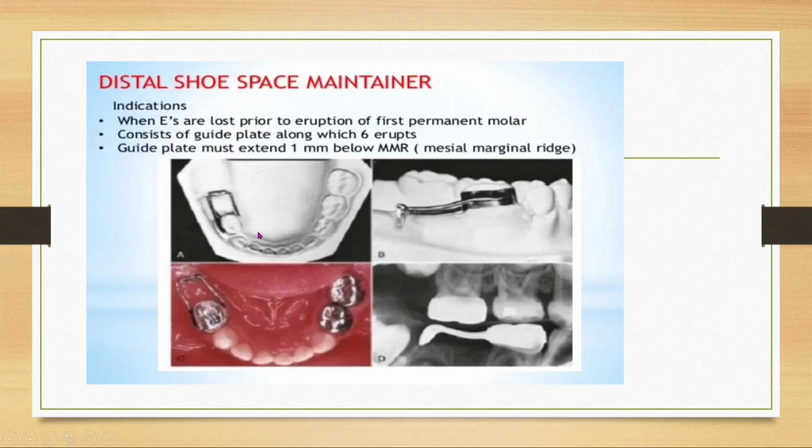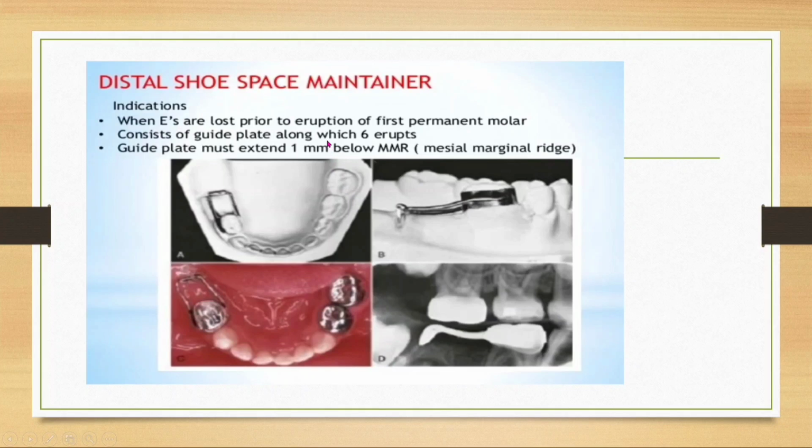So what happens is, this E is supposed to be exfoliated by the age of 10, 11, but it is extracted due to many reasons. It could be caries or any other reason. It is lost before the eruption of the first permanent molar, that is before the age of 6 or 7 years, because that is the age where the permanent first molar erupts.